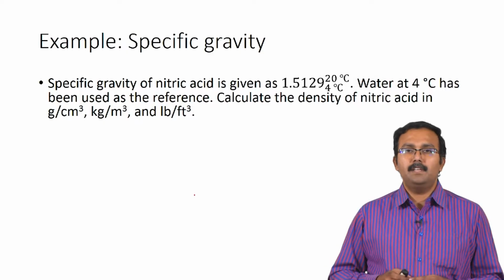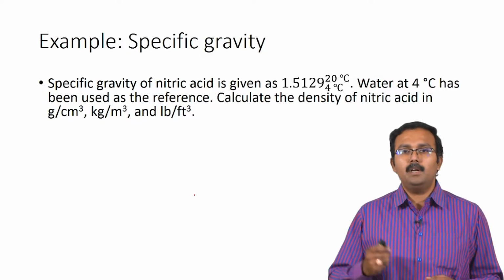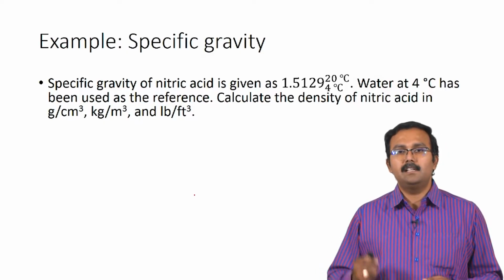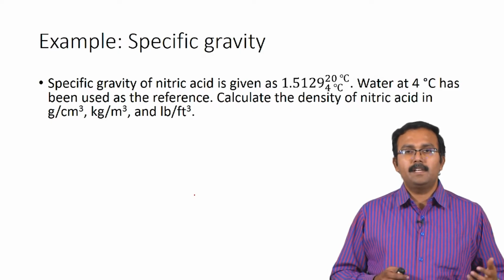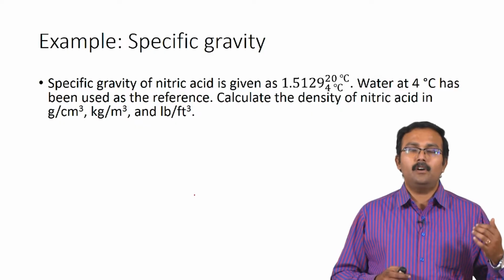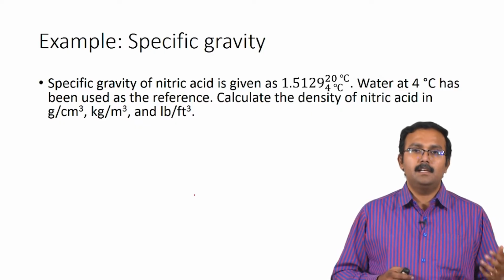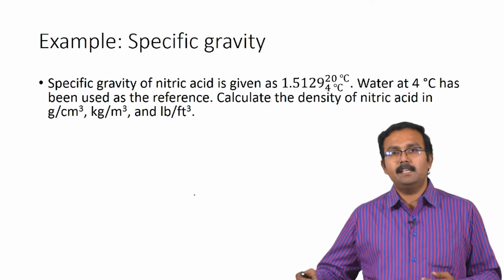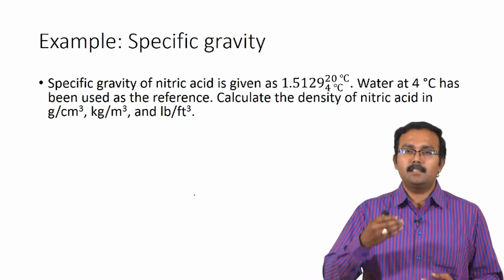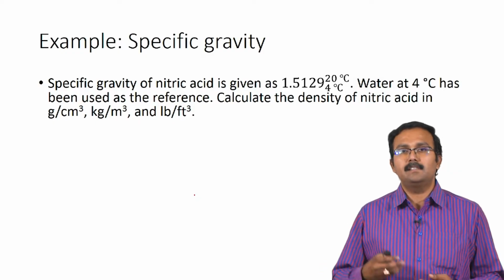The specific gravity which is given has been written as 1.5129 at 20 degrees Celsius over 4 degrees Celsius. This is a conventional way of writing specific gravity as the ratio of the density of the substance at 20 degrees Celsius to the density of the reference material at 4 degrees Celsius. Here the substance is nitric acid and the reference is water.